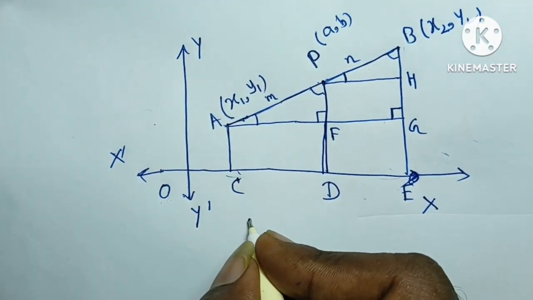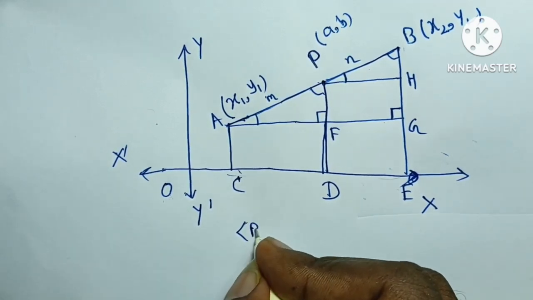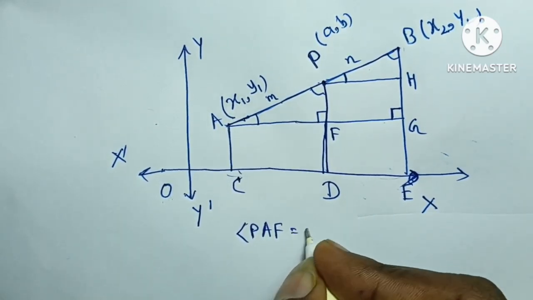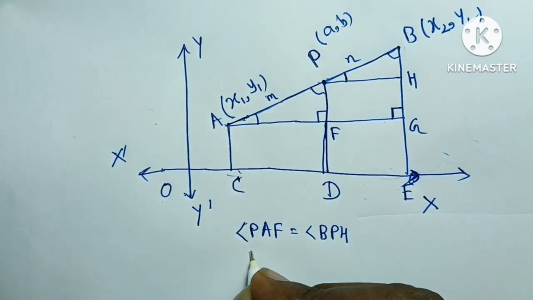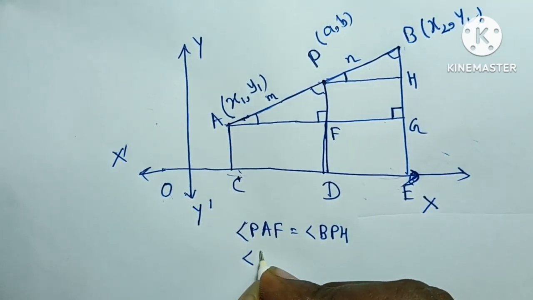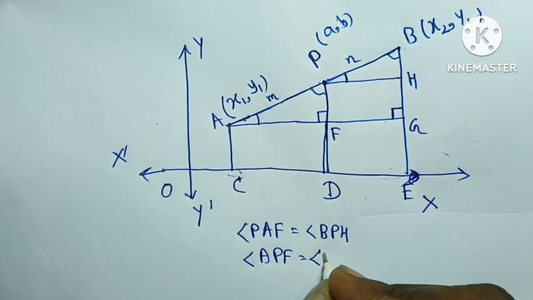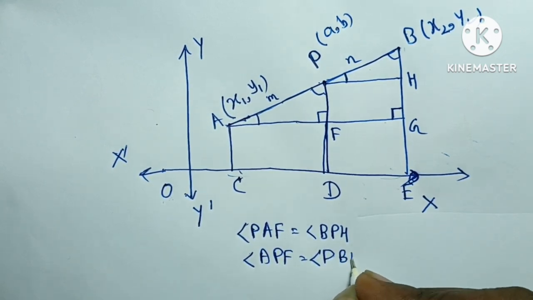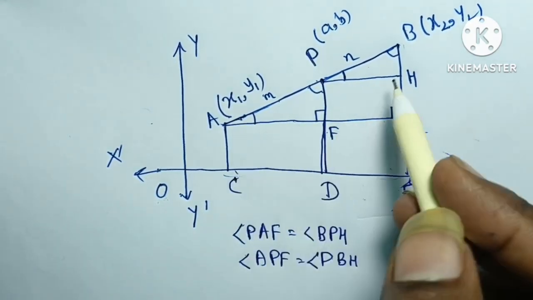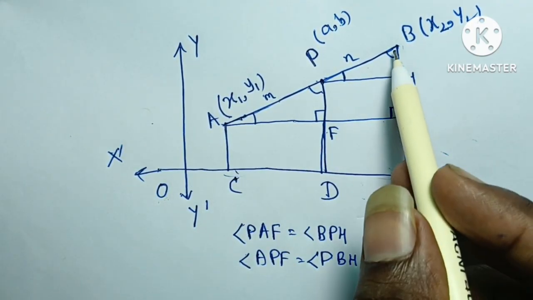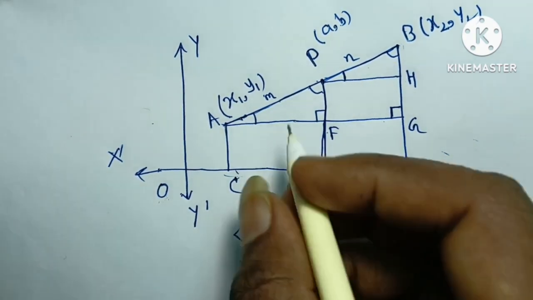So angle PAF equals angle BPH, and angle APF equals angle PBH, and angle PFA equals angle BHP, because these angles are 90 degrees.